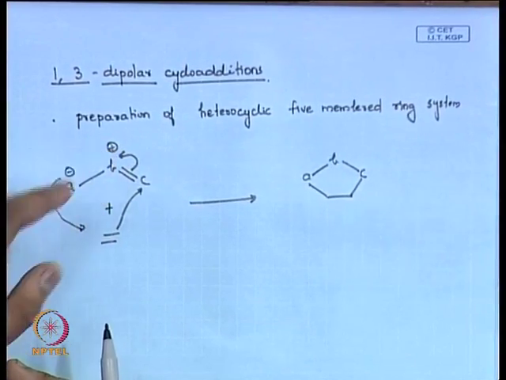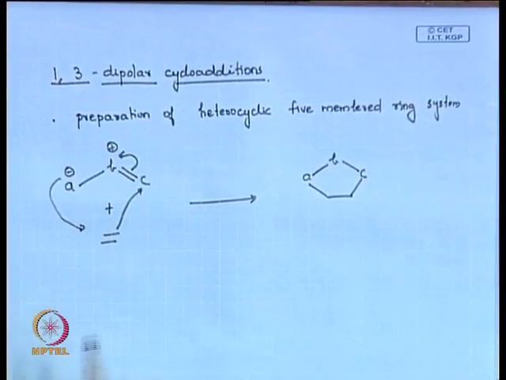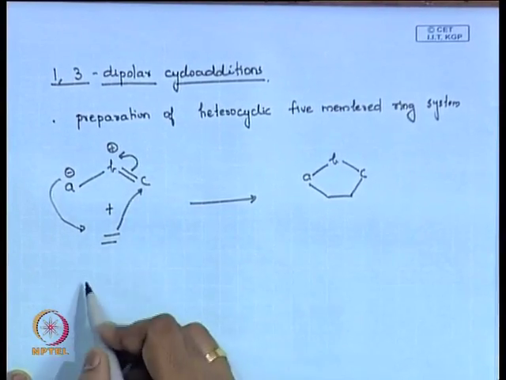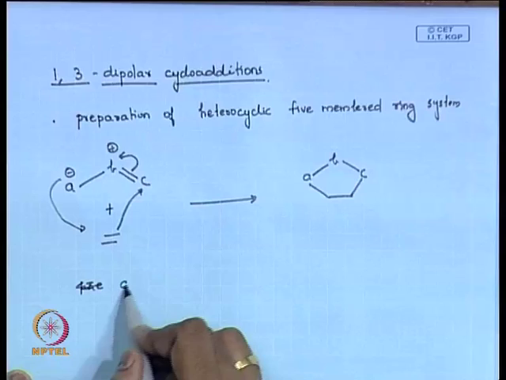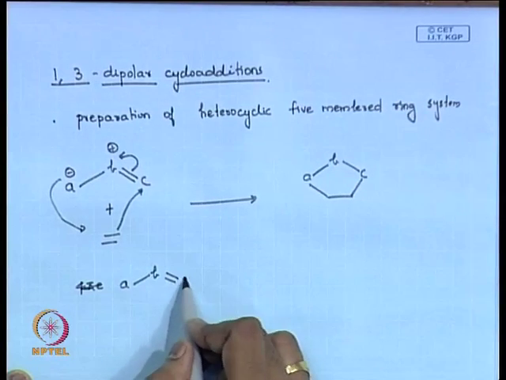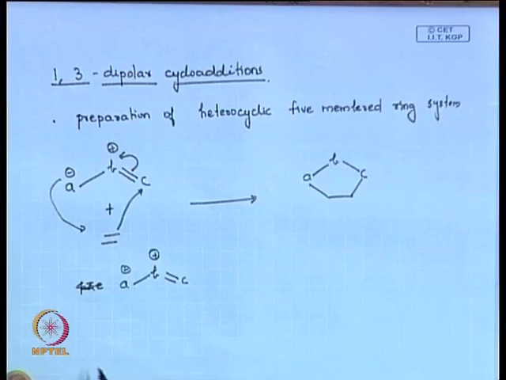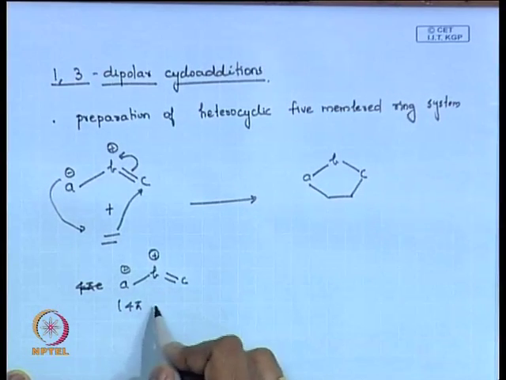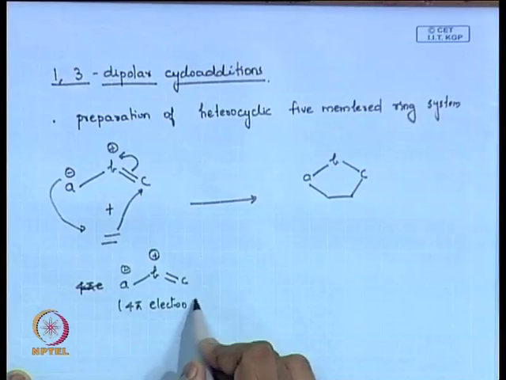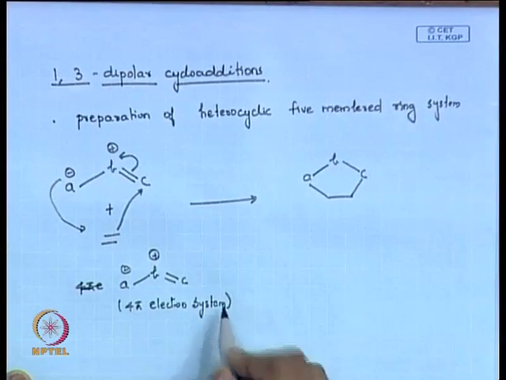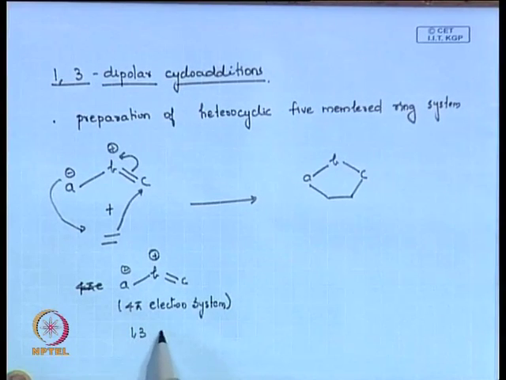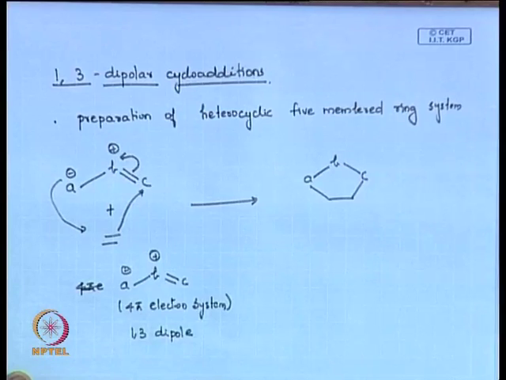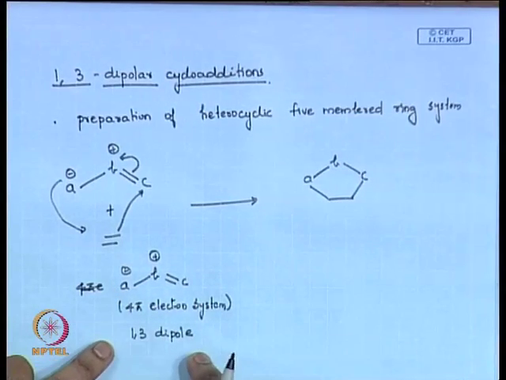Now, what do you call them? This ABC is a 4 pi electron system, and we also call it a 1,3 dipole.